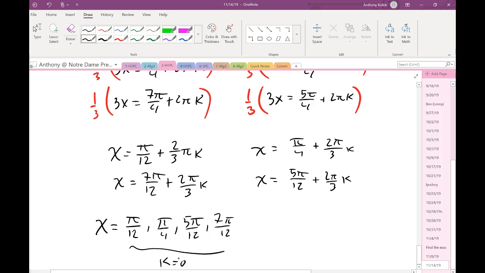So that's my solutions when k is 0, right? But clearly 7 pi over 12 is way less than 2 pi. It's very likely that we're going to have some more. When k equals 1, what are we going to get here?